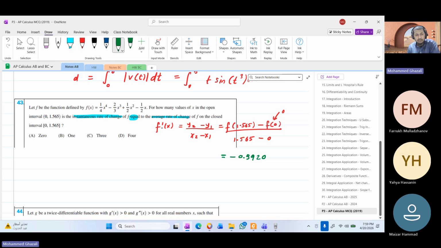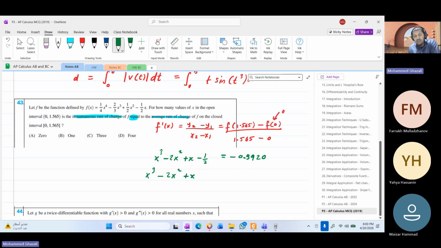Now let's look at what f prime x is. F prime x is 4 times a quarter is 1, so x cubed. 3 times 2/3 is minus 2x squared. 2 times half is x. Minus half. Take minus half and add it to 0.3920. Plus 1/2, you would get 0.107.